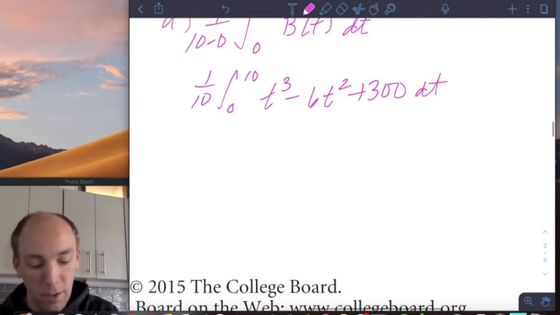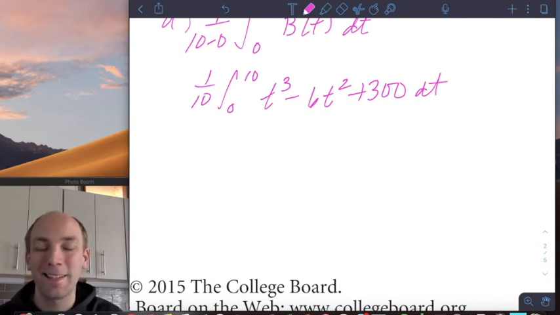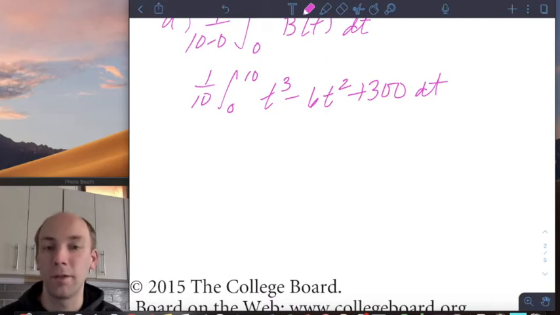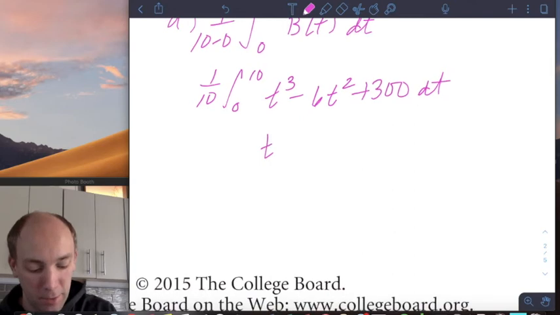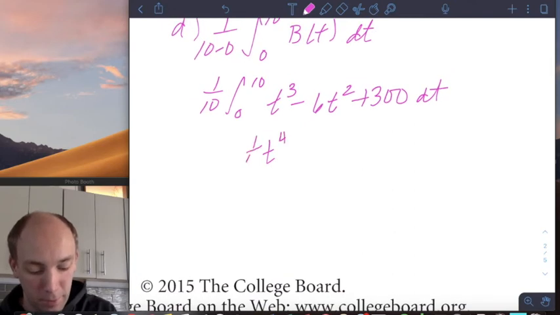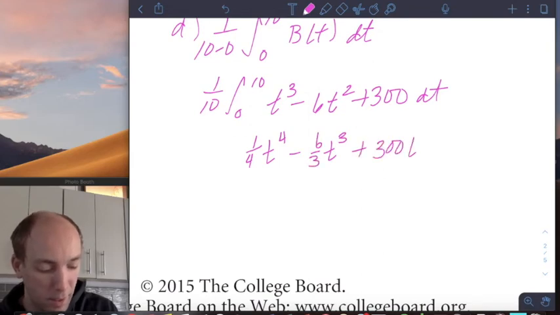All right. What is the antiderivative of this function? Whenever we see an integral, we want to think of area under the curve and antiderivative. So I've got my function, I've got an integral, I need to find the antiderivative. To find the antiderivative, we add 1 to the power and divide by the new power, for each term, plus a variable.